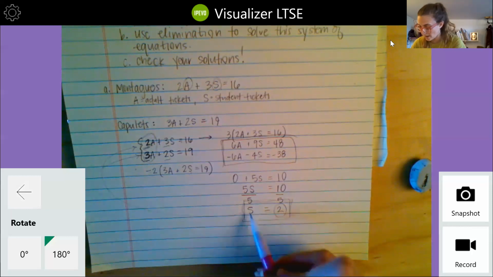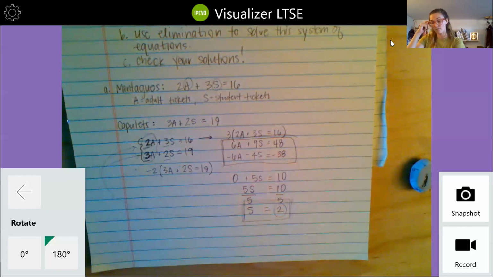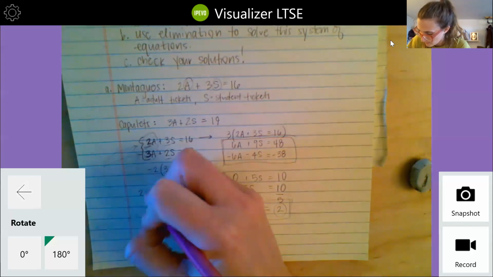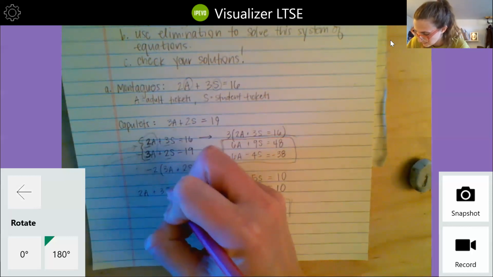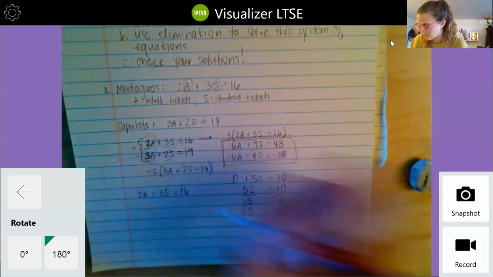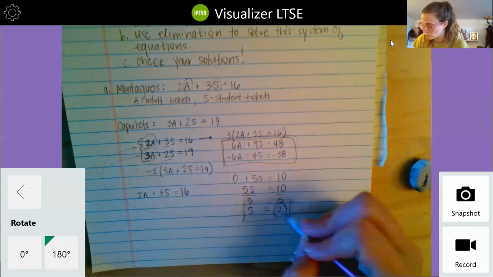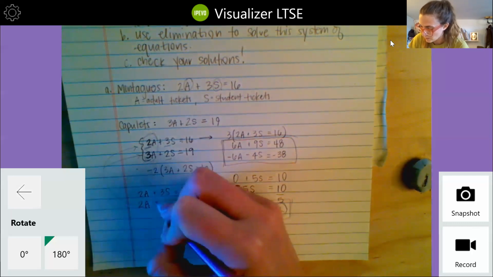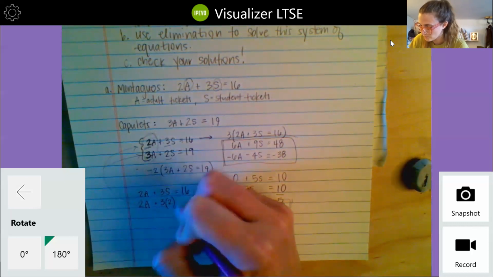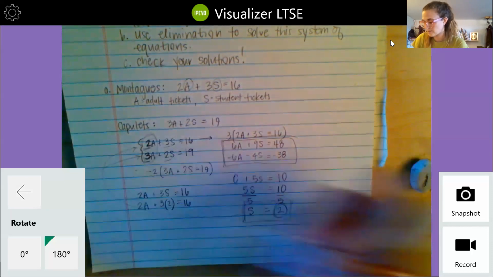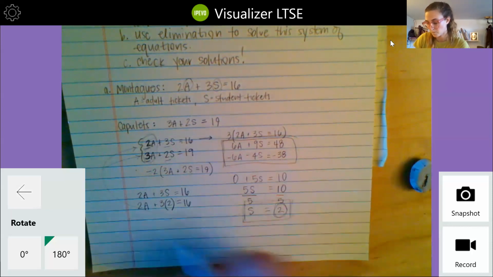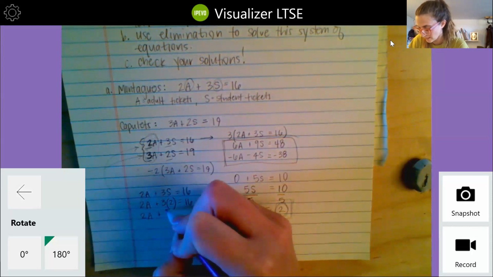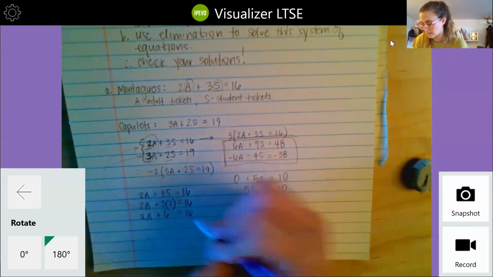So I solved for s, now I want to solve for a. So I'm going to use this first equation, 2a plus 3s equals 16. And now I'm going to plug in 2 for s. So 2a plus 3 times 2 equals 16. 2a plus 3 times 2 is 6 equals 16.